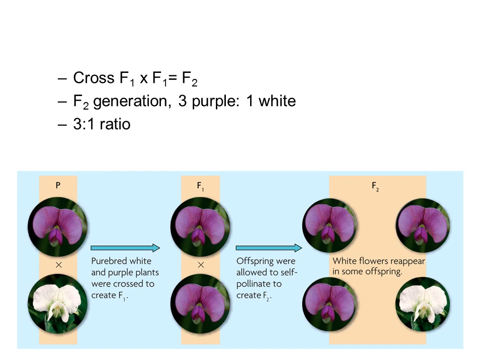When Mendel performed this cross, he saw that the white flowered plant that disappeared in the first cross reappeared. And it reappeared at a 25% ratio, or 1/4 ratio.